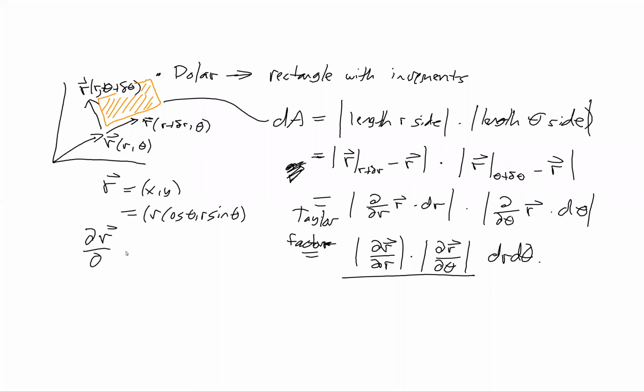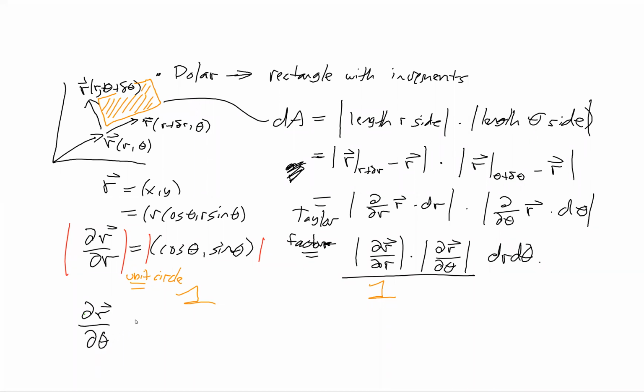Okay, so all we need to do is compute these things, but this is actually really easy. Just take the partial derivative with respect to r, and we get cosine theta, sine theta. So now if we take the length, well, this lives on the unit circle. So that's 1. So this first term here is 1. Now let's do the same thing with theta, and we'll get something slightly different, that extra r.